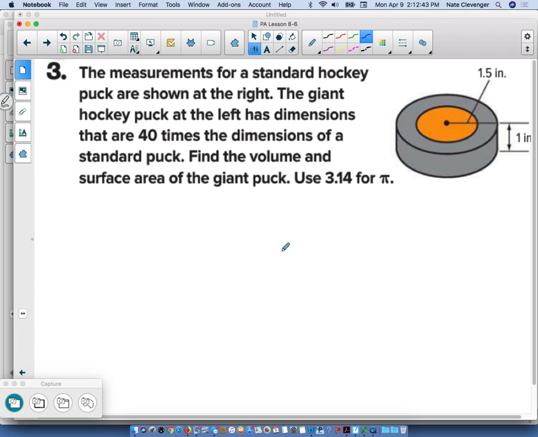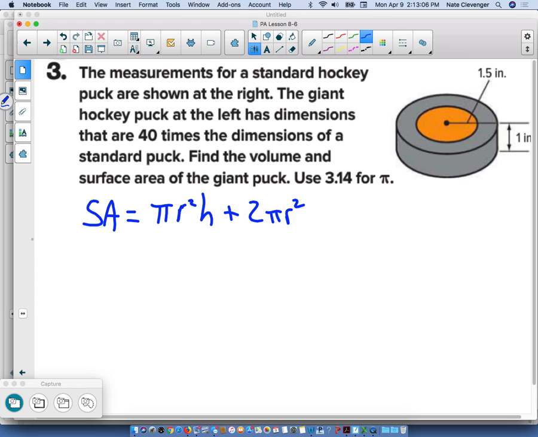So let's start with the surface area. The formula again for surface area of a cylinder, we've talked about this, is pi d h plus two pi r squared.